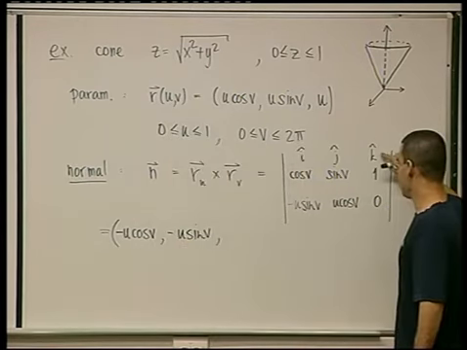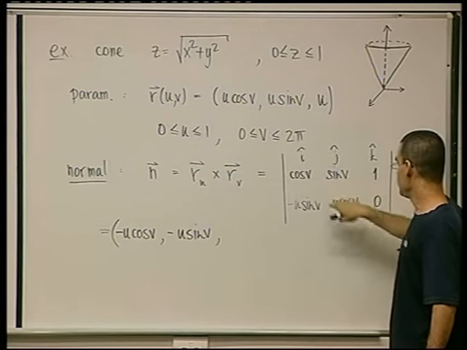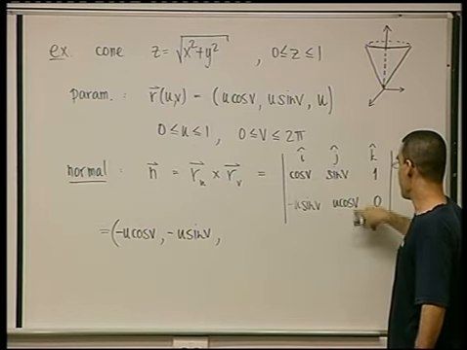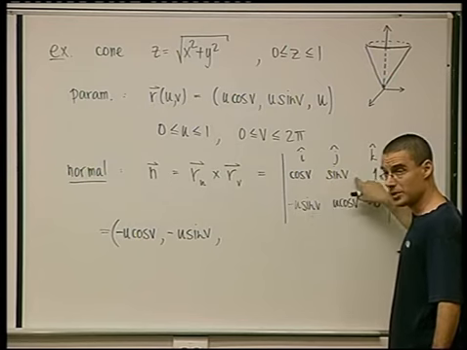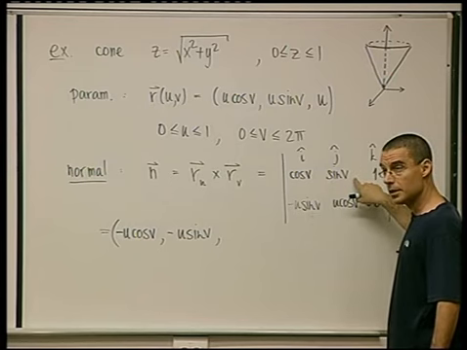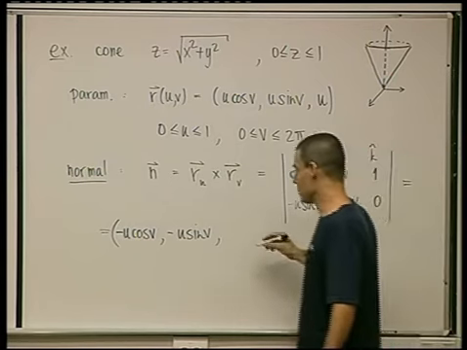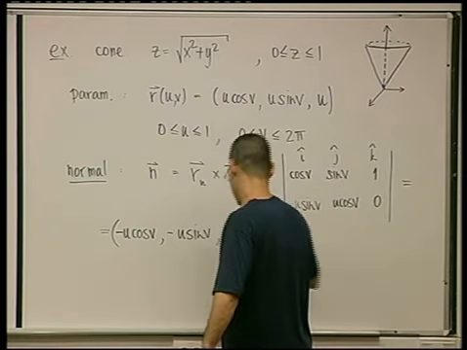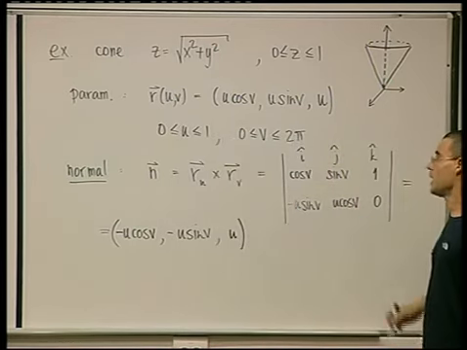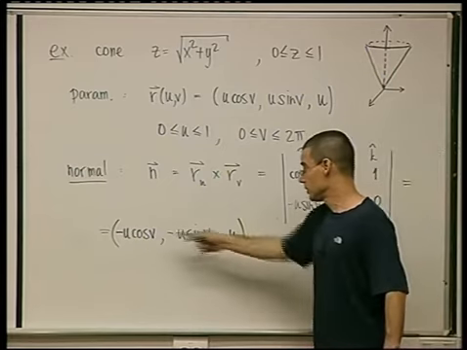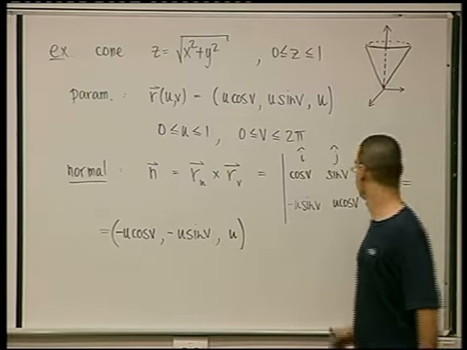And in the k direction, I get u cosine squared v plus u sine squared v, which is just u. This is the normal vector at every point in this parametrization.